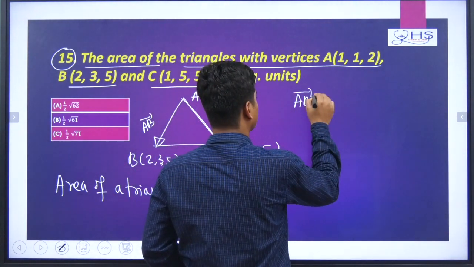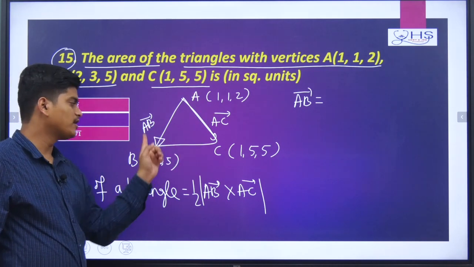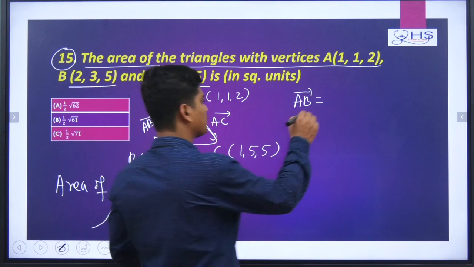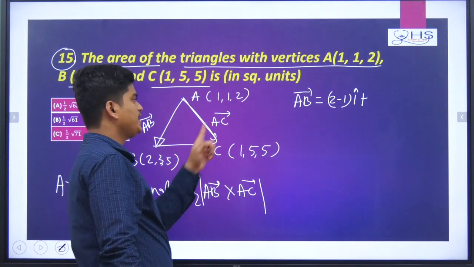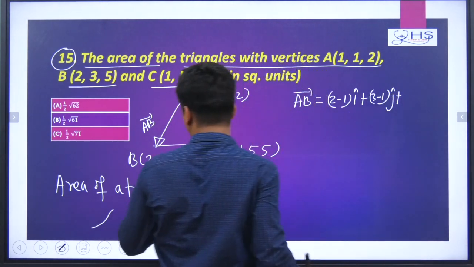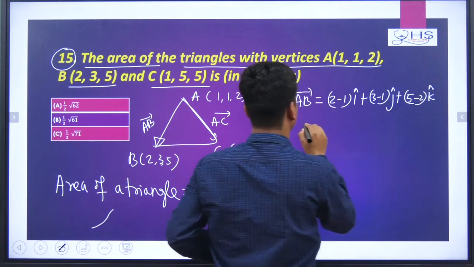This is the final point, this is the initial point, because always head minus tail. So 2 minus 1 i cap plus 3 minus 1 j cap plus 5 minus 2 k cap.